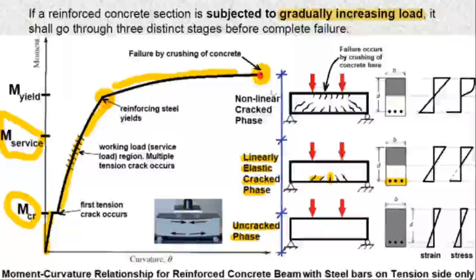The steel is yielding very much, the concrete on the compression side fails abruptly, and the beam fails. And here you see the stress distribution of concrete has turned from a straight line to a parabolic variation. This is typical of the non-linear cracked phase, so we call this phase the non-linear cracked phase.